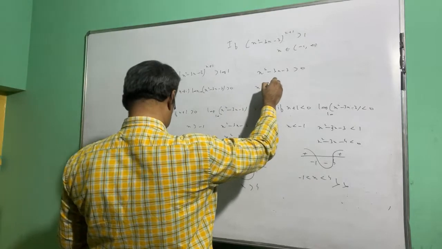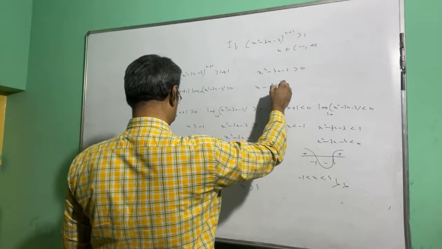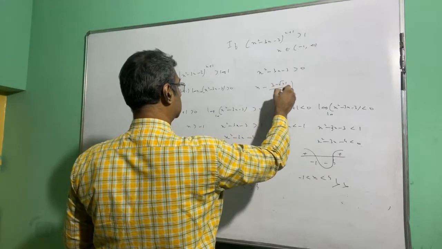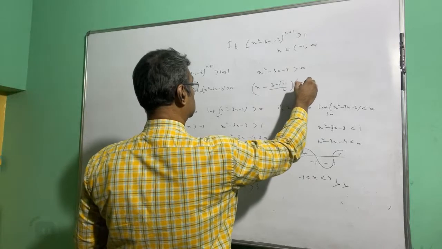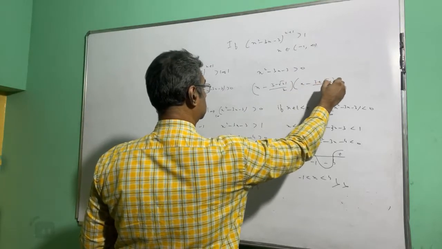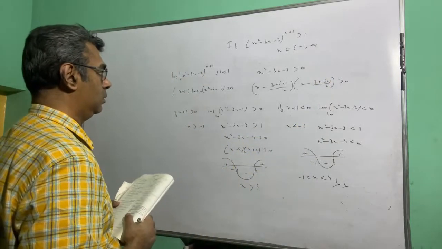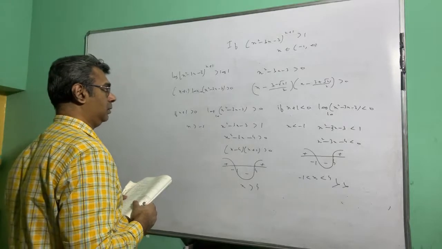If you do factorization, then (x minus (3 minus root 21)/2) into (x minus (3 plus root 21)/2) is positive.